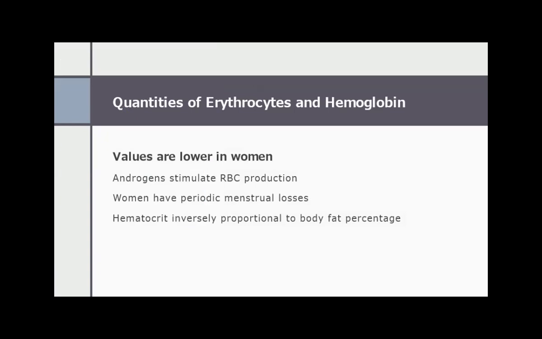Our menstruation cycle depletes our blood supply, no matter how you look at it. Okay. When you also look at it, women tend to have more body fat than men, right? This is where you get that. Hematocrit is inversely proportional to your body fat percentage. It's a survival mechanism for women.